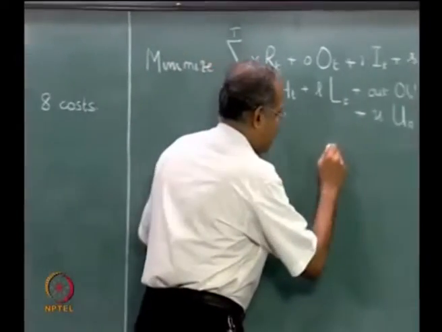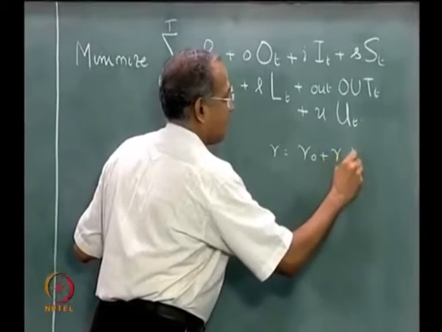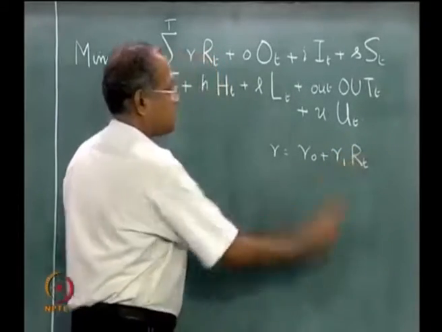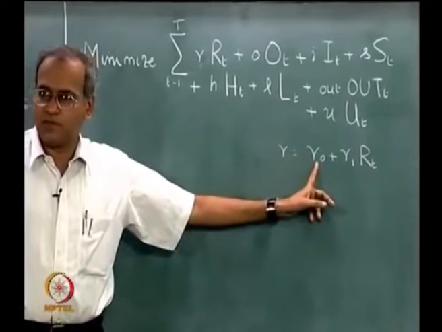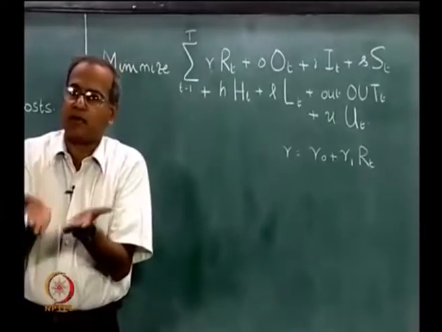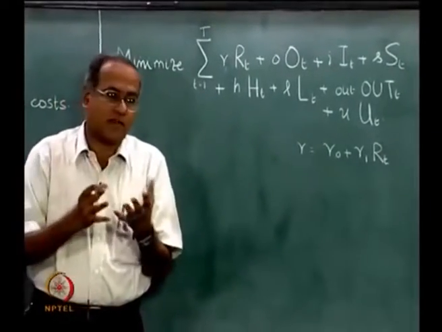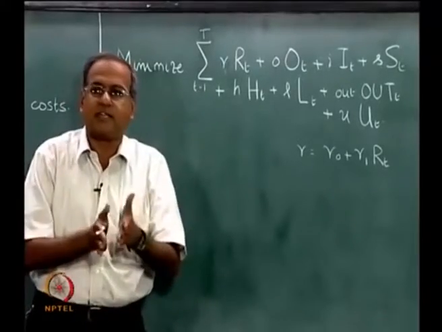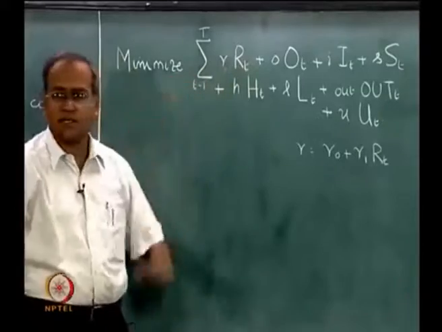If this R is of this form, which means there is a fixed cost R0 and then there is a variable cost per man hour used, which is a very common occurrence, because the organization has certain fixed costs which can be apportioned to each of these costs.